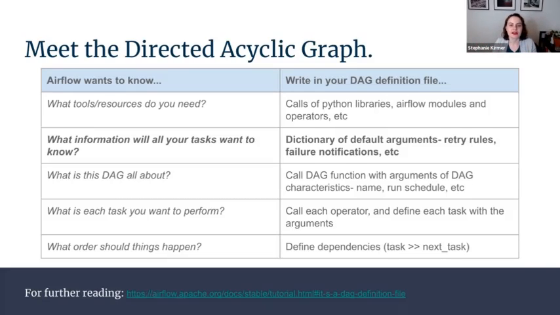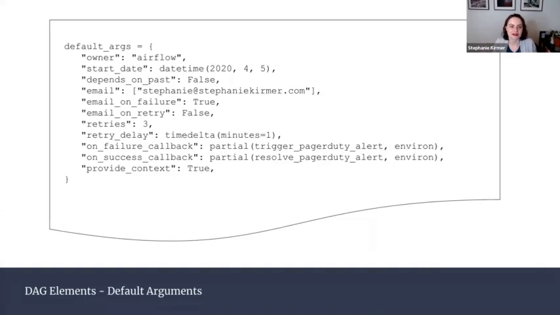And so what we'll do is create what's called default args, and sort of organize that they know who the owner is, when the start of the job is. These are things that are information about the whole package that need to be available to every subtask. This one includes a couple of things that you'll notice, on failure and on success functions.